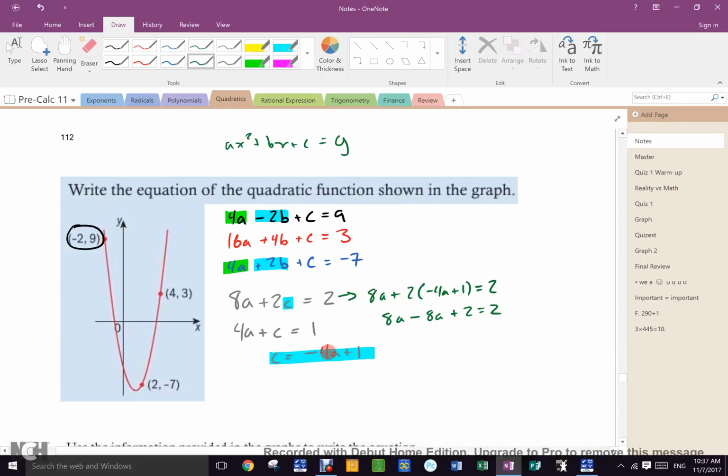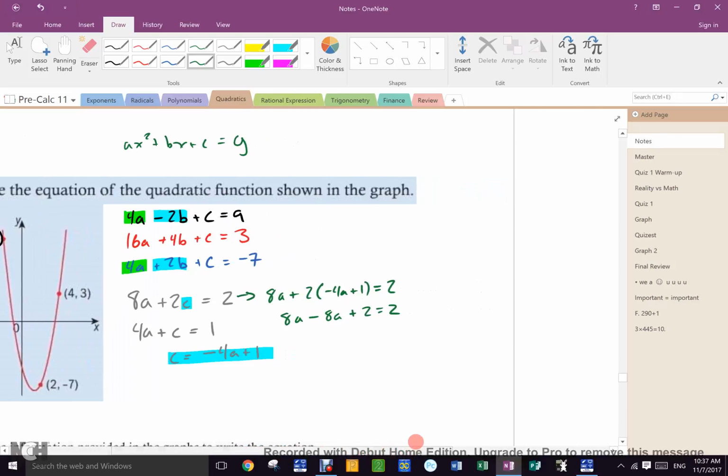So where else could I put that c? What else can I do there? Knowing what we know.